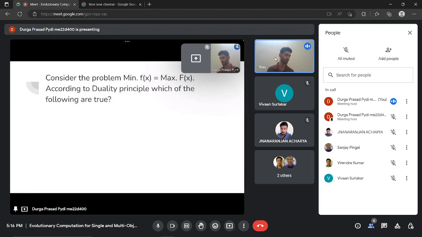We'll just solve one of these problems. Once we formulate it, this is another problem that is discussed by the professor, which they call the duality principle. So you want to minimize some function small f of x, and that is essentially equivalent to maximizing some capital F of x. So what is the relation between capital F of x and small f of x?